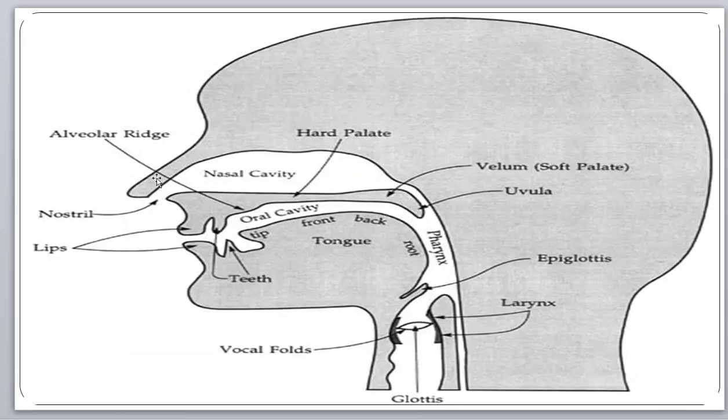See, in the earlier process we saw the nose or the mouth, we breathe the air in. So the air comes through the windpipe and goes to the lungs. And the respiratory system receives the air from the outside atmosphere.